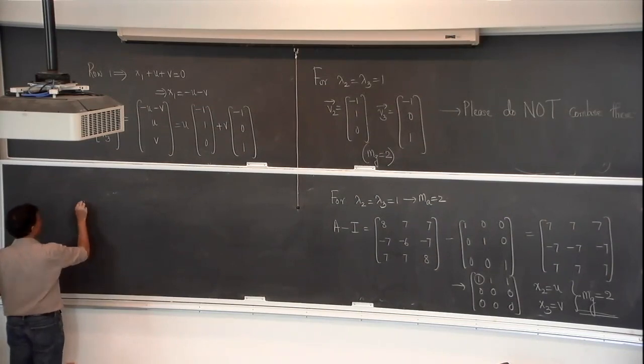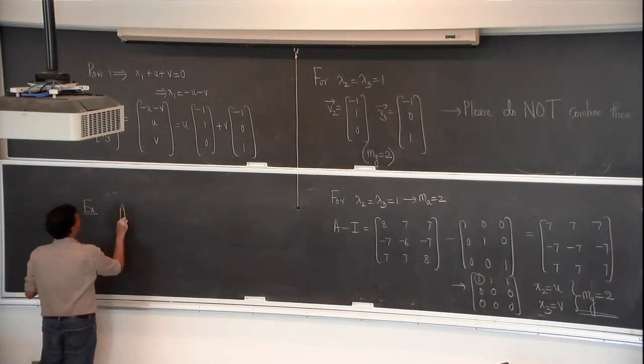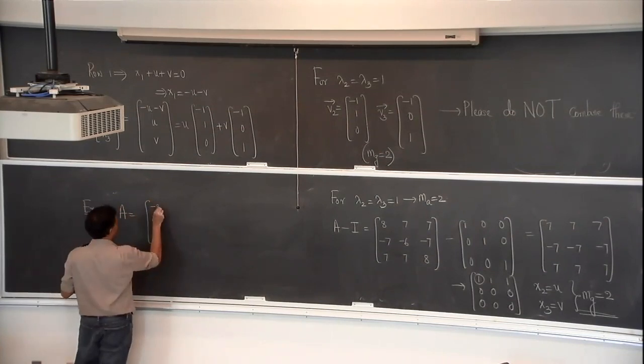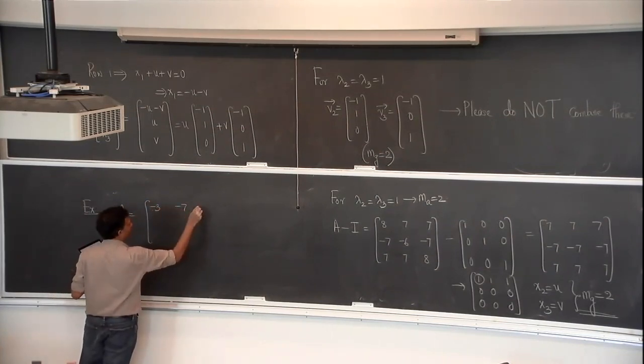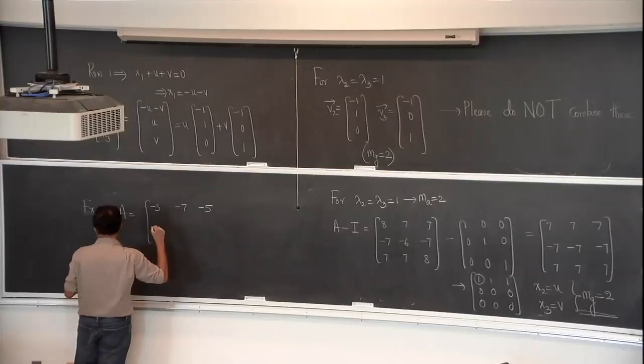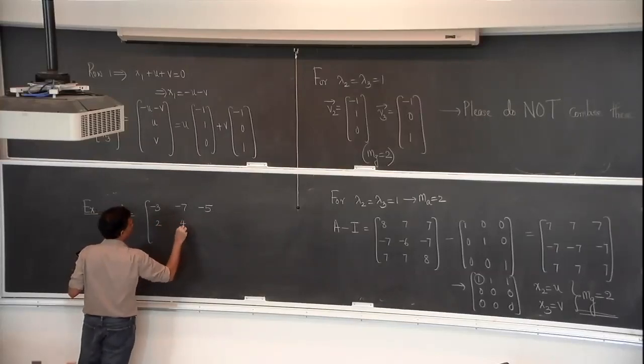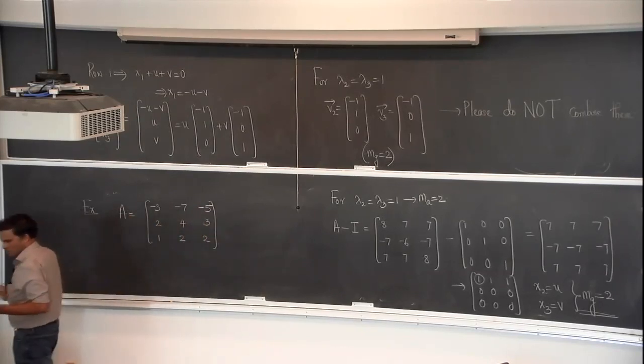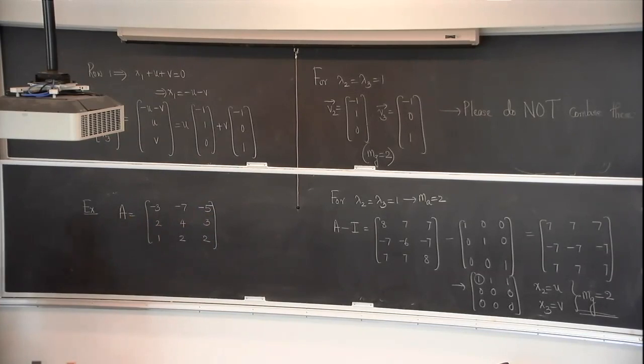So do the same thing for the following 3 by 3: -3, -7, -5, 2, 4, 3, 1, 2, 2. All right, so go ahead and try.